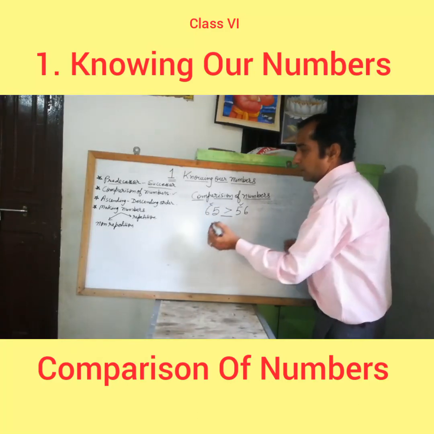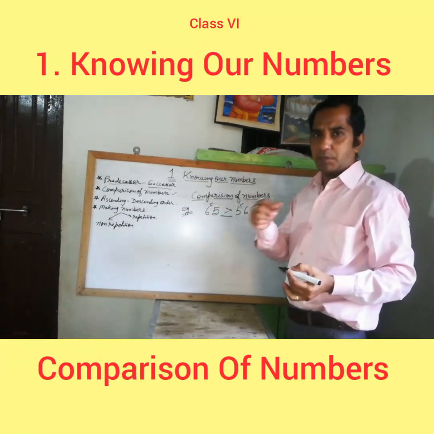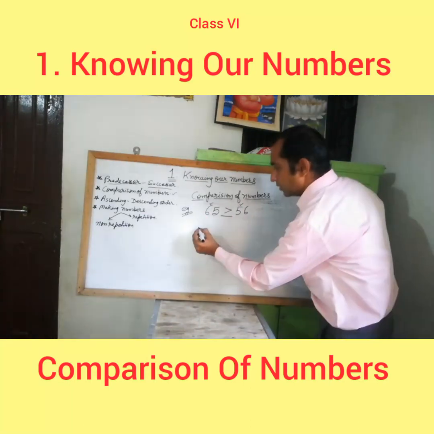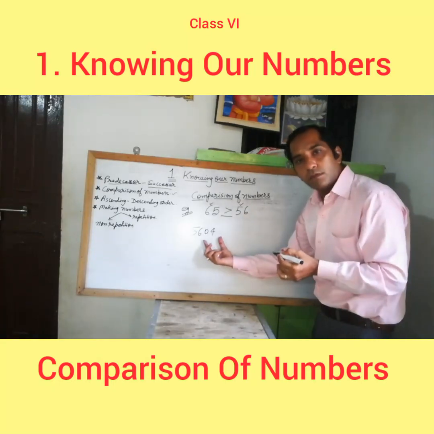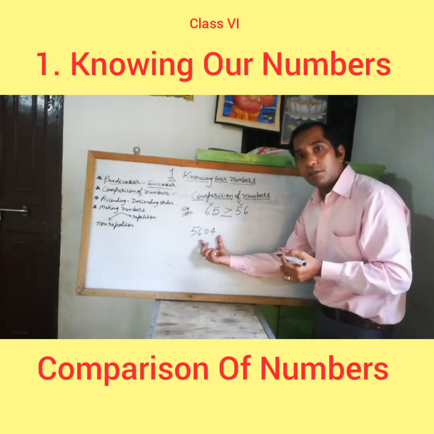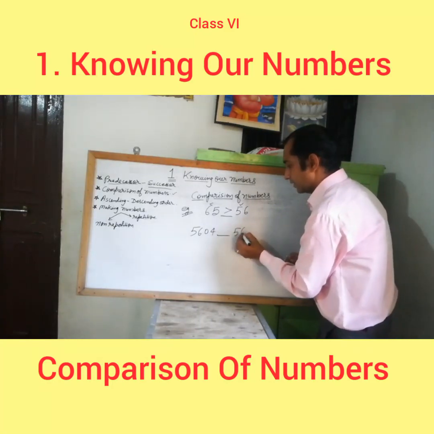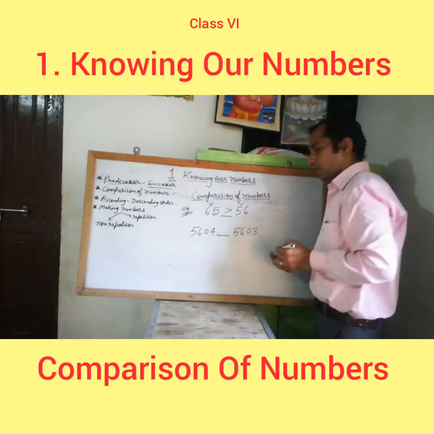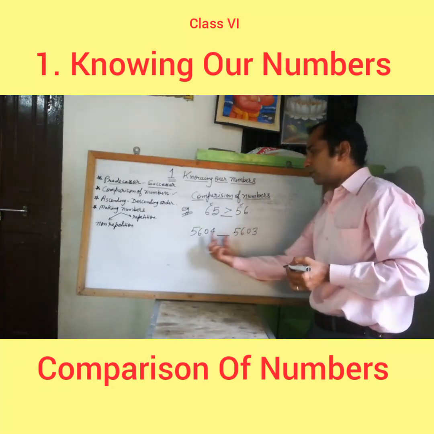Now, if I take a little bit bigger number, suppose the number 5604. This number is of 4 digits. Now, another number, 5603. It also has 4 digits.